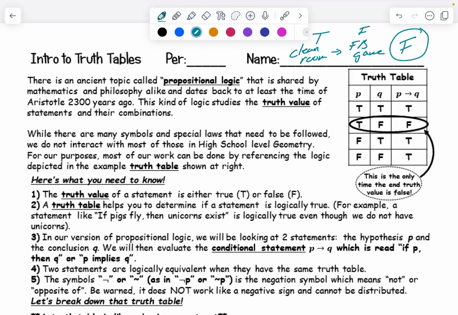Otherwise, though, if you don't clean your room and you don't go to the football game, okay, well, that makes sense. That's true. That matches what the conditional says. If you don't clean your room and you go to the football game, well, that could happen.